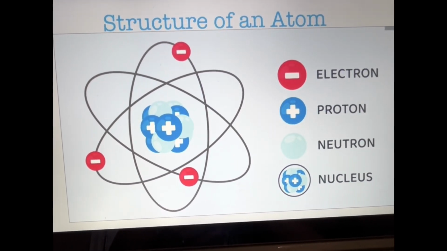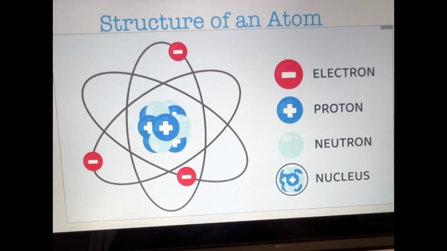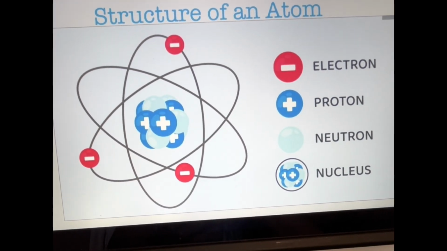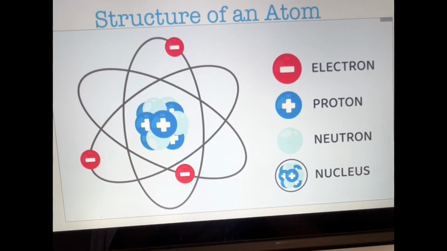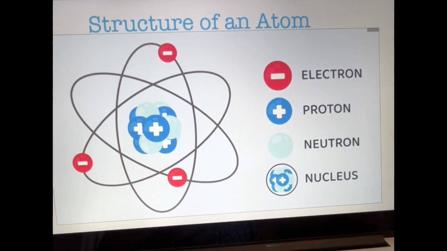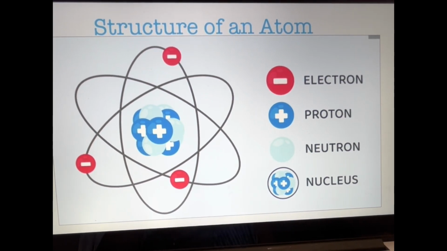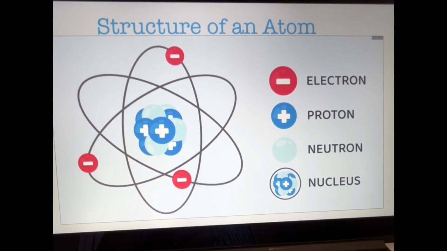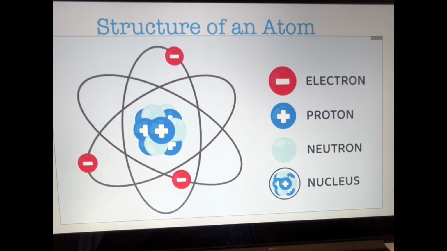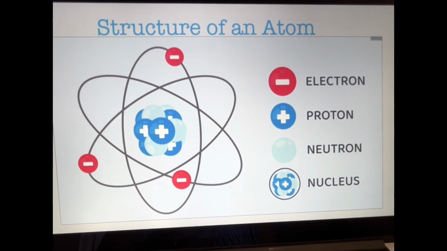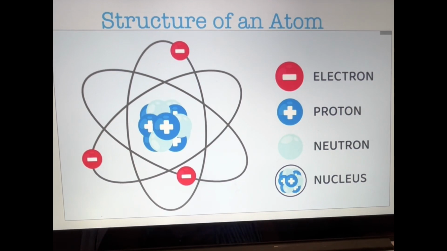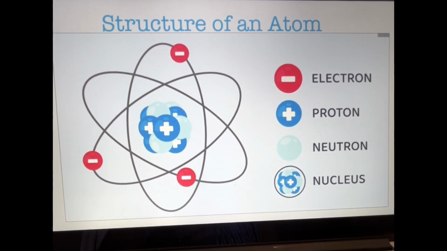All right, so let's talk a little bit more about the subatomic structures or particles. Thomson, Rutherford, and Chadwick all contributed to revising Dalton's atomic theory. The evidence they collected showed that the atom was not solid and indivisible, but rather composed of subatomic particles: protons, neutrons, and electrons. But how could these tiny particles be distinguished?